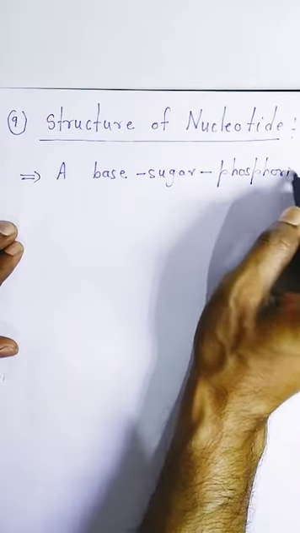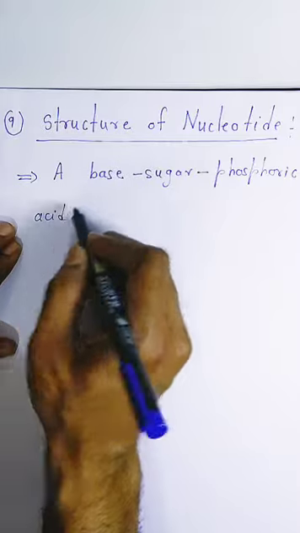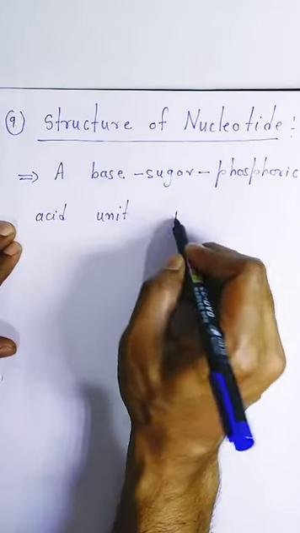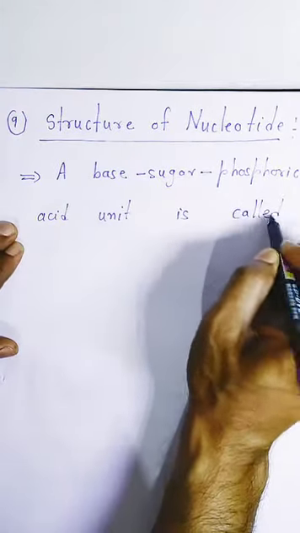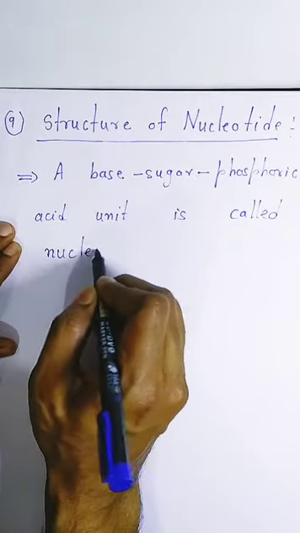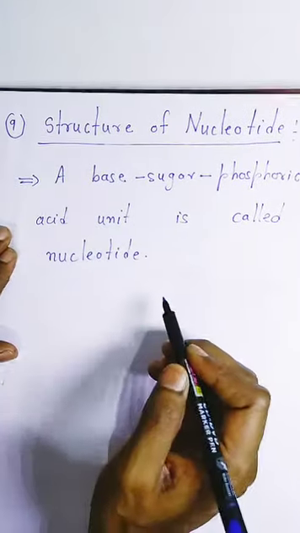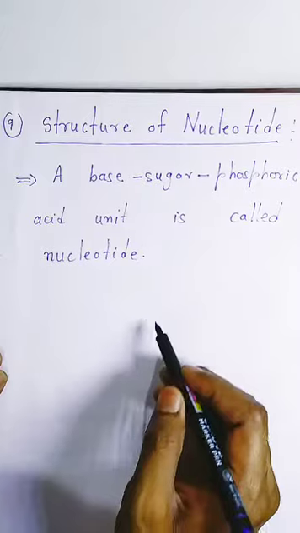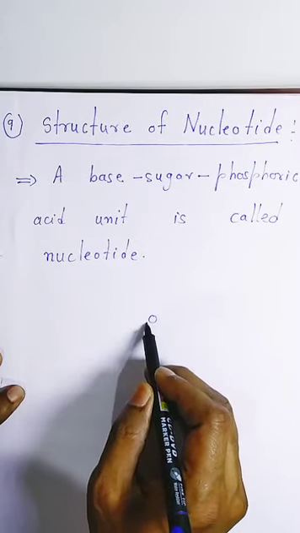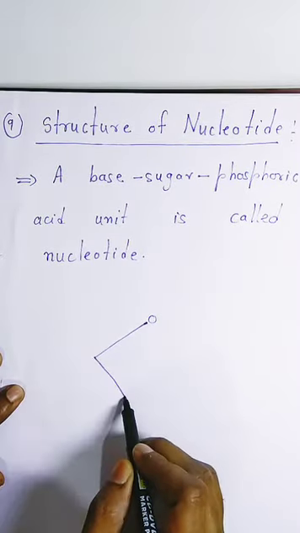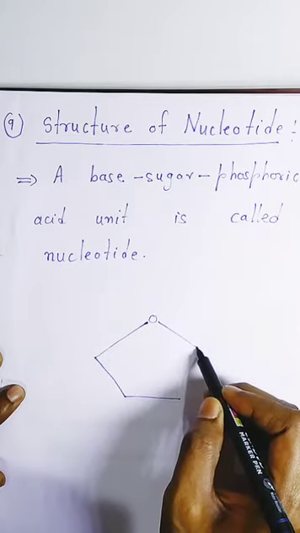All 3 come together to make the unit called nucleotide. So first I am drawing the sugar molecule in furanose ring form. This way you have to draw the structure, students. This is the sugar molecule.